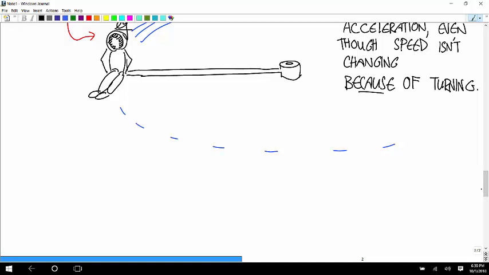Okay, so now we need to talk about the constant acceleration equations, and they look pretty much the same as they did in 1D, except now we have to break it up into components.